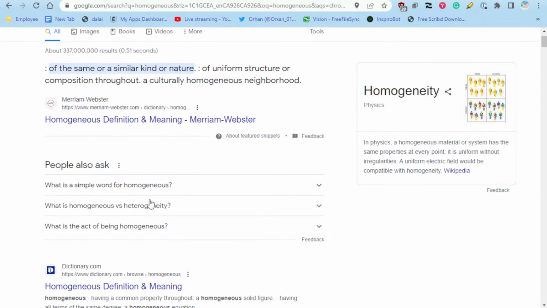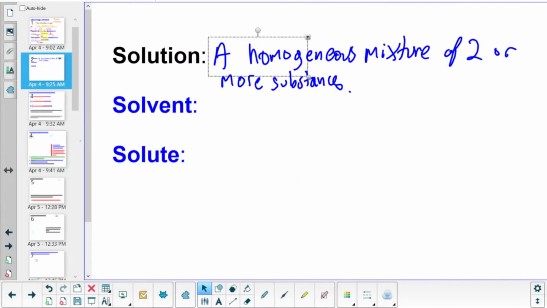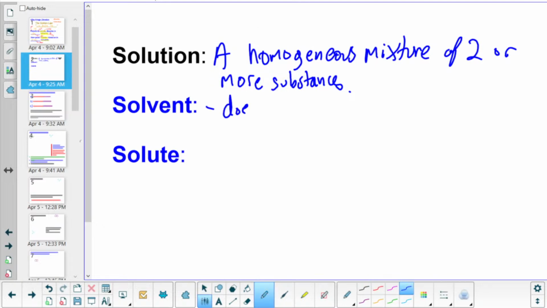Merriam-Webster: homogeneous, homogeneity, heterogeneity. Look closer. The one I looked up is a biology word. That's a different word.